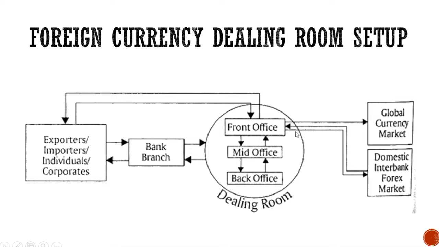The front office actually deals with the trading operation of the interbank market; the mid office is entrusted with the job of risk management, accounting policies and market research work; and the back office is made accountable for settlement of transactions, reconciliation, and accounting. The dealing room operates with the global currency market and the domestic interbank forex market where it buys and sells simultaneously. So this is the basic setup of your dealing room dealing in foreign currency.